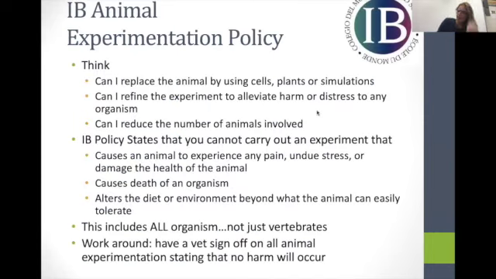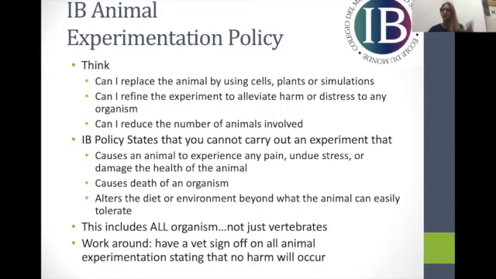First thing we need to talk about is this idea of animal experimentation, and IB does have very particular rules on animal experimentation. So anytime you set up your experiment, think, can I replace the animals by using cells or plants or even computer simulations? Can I refine the experiment to alleviate any harm or distress?